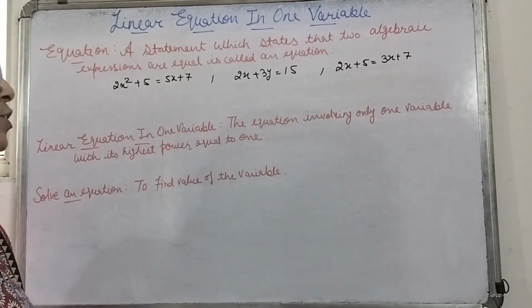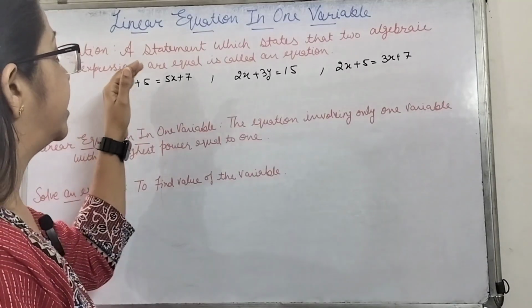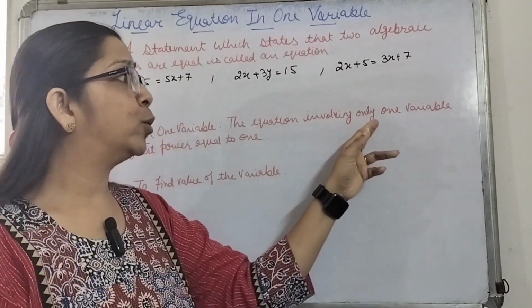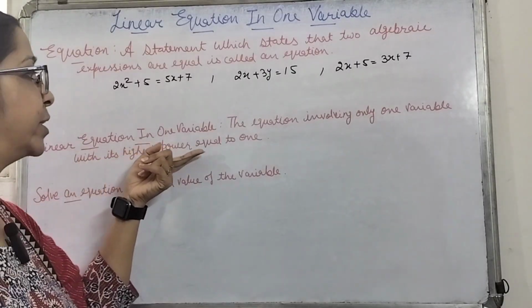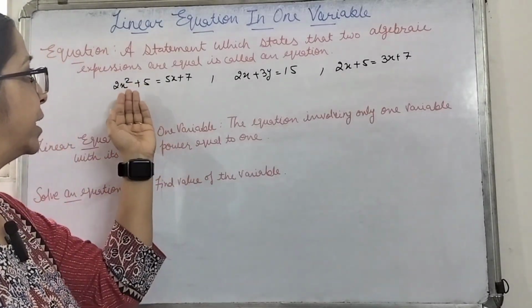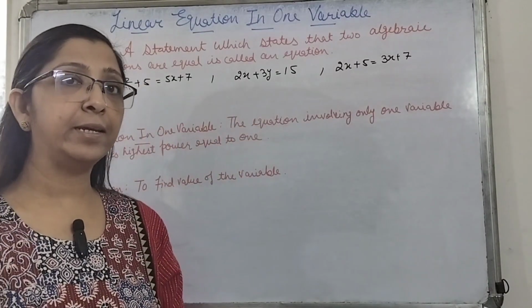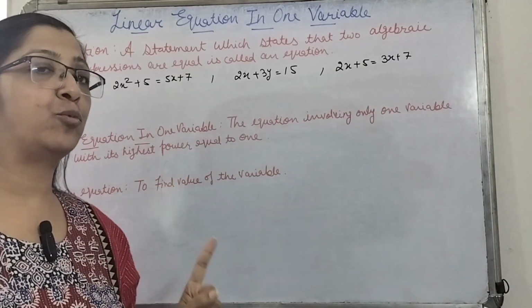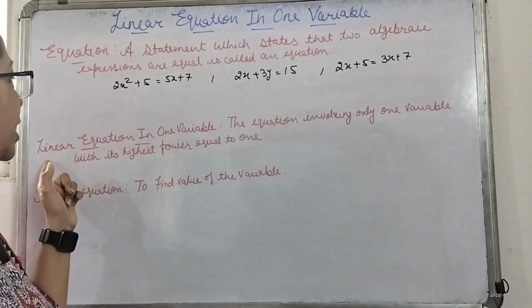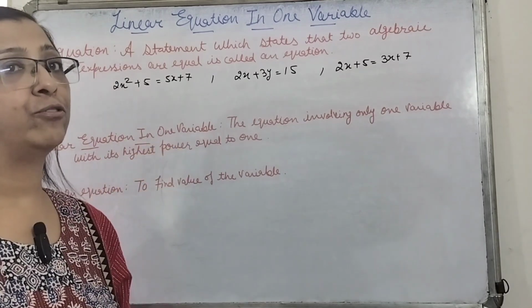Now, what is a linear equation in one variable? The equations which involve only one variable and whose highest power is equal to 1. If in an equation only one variable is there, along with that the highest power of the variable is 1, such types of equations are known as linear equations in one variable.